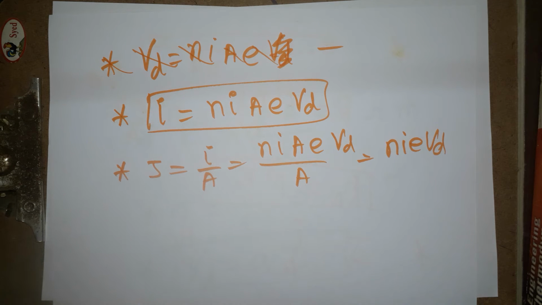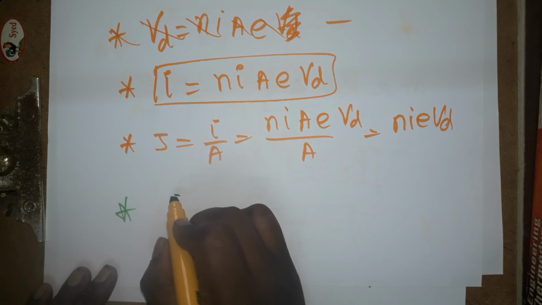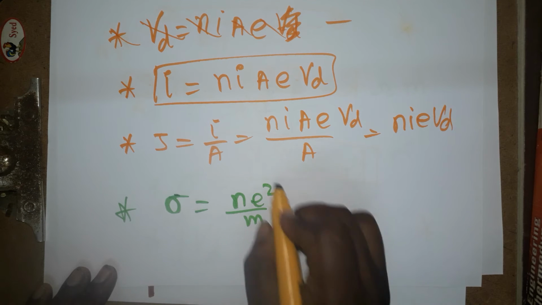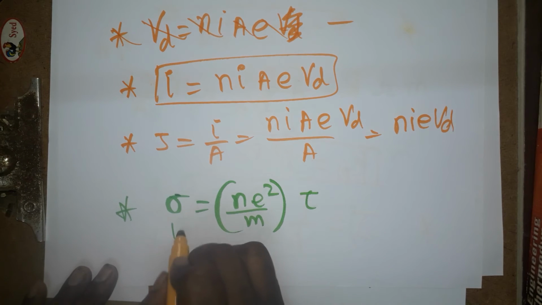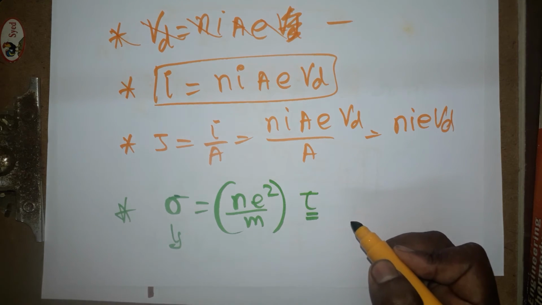Another formula I am going to give you: sigma is equal to ne square tau divided by m. This is conductivity, and this is current density.